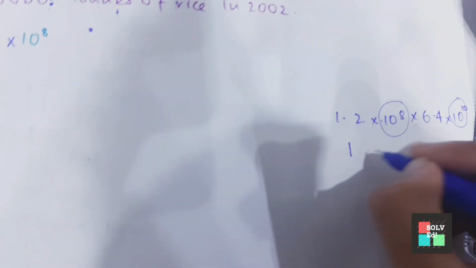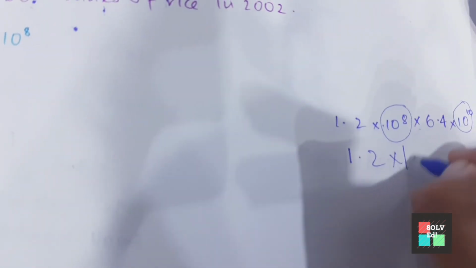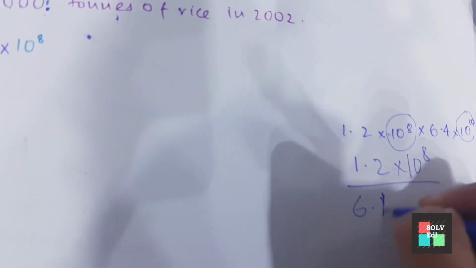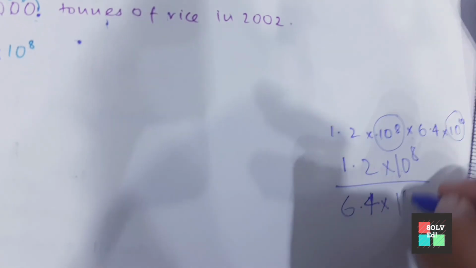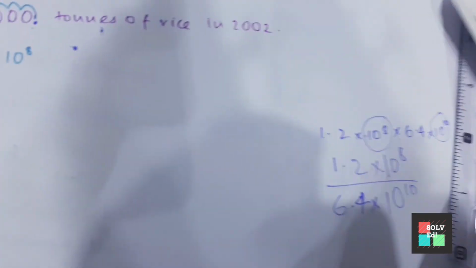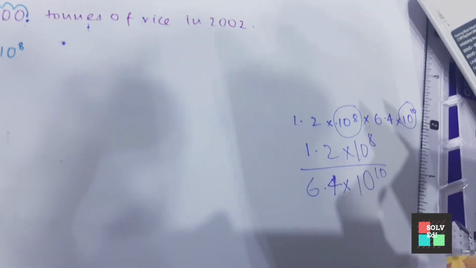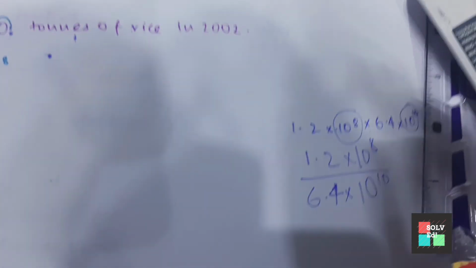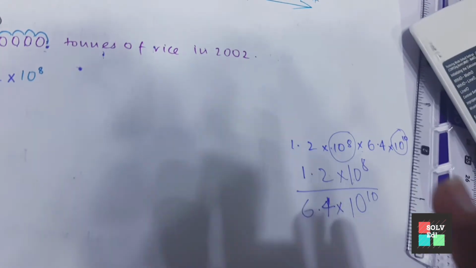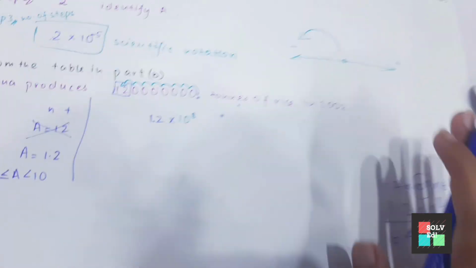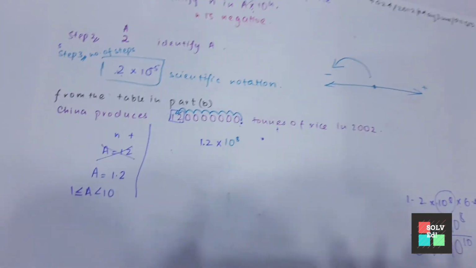And similarly with division, 1.2 times 10 to the power of 8 over 6.4 times 10 to the power of 10, that's also going to imply the division law of indices. So I'm going to cover all this in the next video. But for addition and subtraction, you've learned what needs to be known.